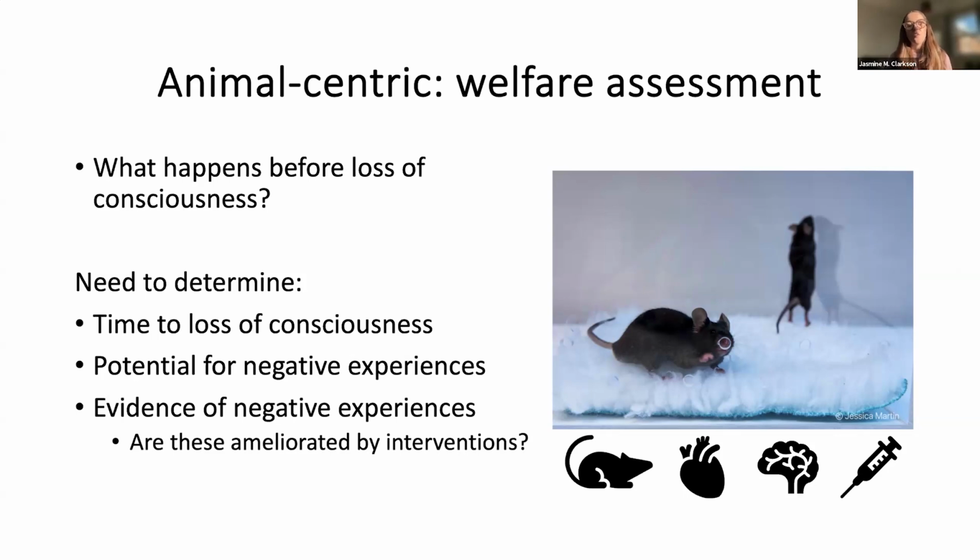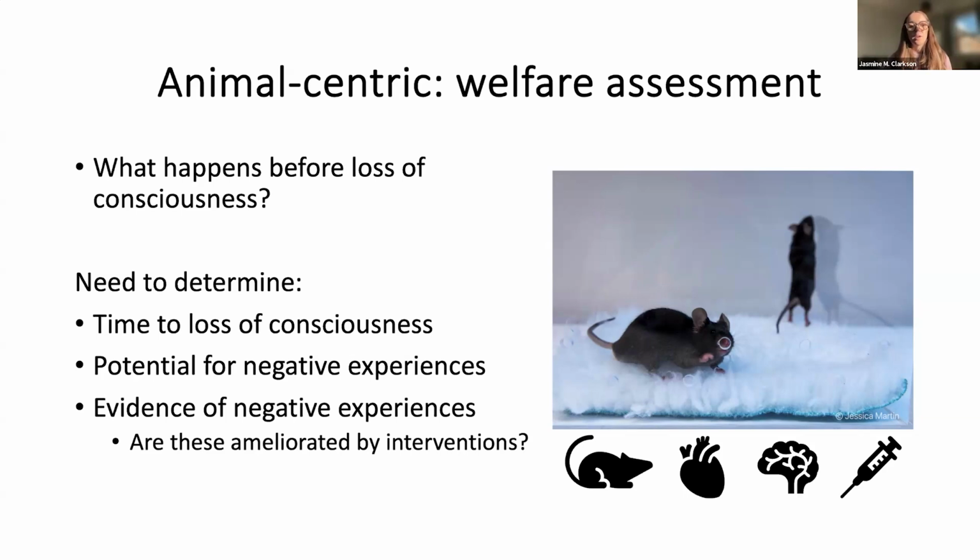So a lot of methods aren't instantaneous, and therefore we've got to consider what happens to them before they lose consciousness. So in order to scientifically determine an animal's welfare, we have to consider the time that it takes them to lose consciousness and their potential to experience negative experiences during their conscious phase.